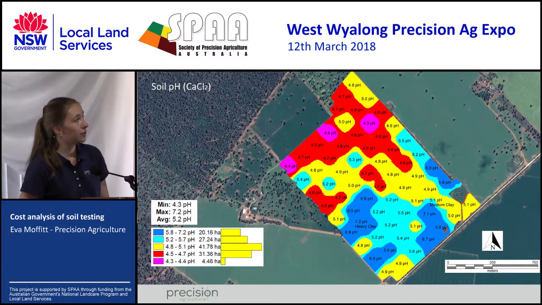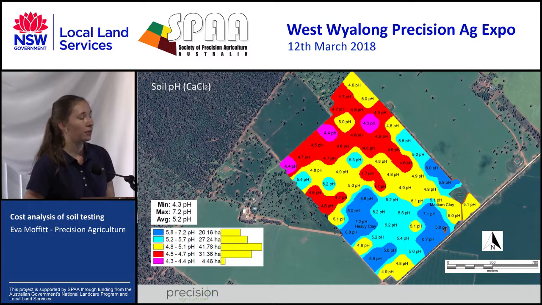The average for this paddock, interestingly, was 5.2, so if we had taken our regular transect style soil sample we might have thought that the paddock was in reasonably good condition, and we might maybe have applied some lime, but probably not very high rates.